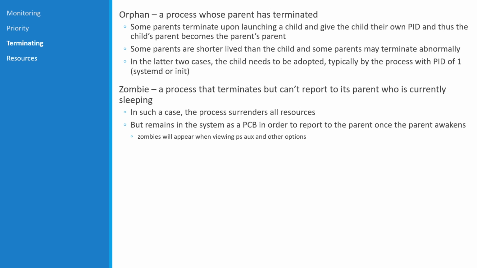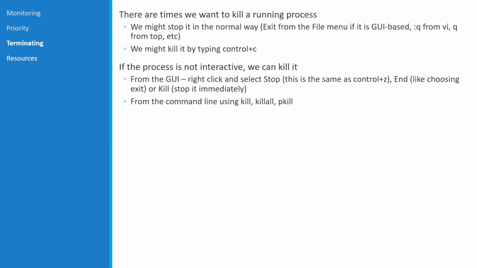So whenever a parent process dies or is stopped, someone else takes on the role of parent for that child process. If that process terminates, but it can't report to the parent because it's currently sleeping, so it's not able to send that signal, then that's how you get zombie processes.